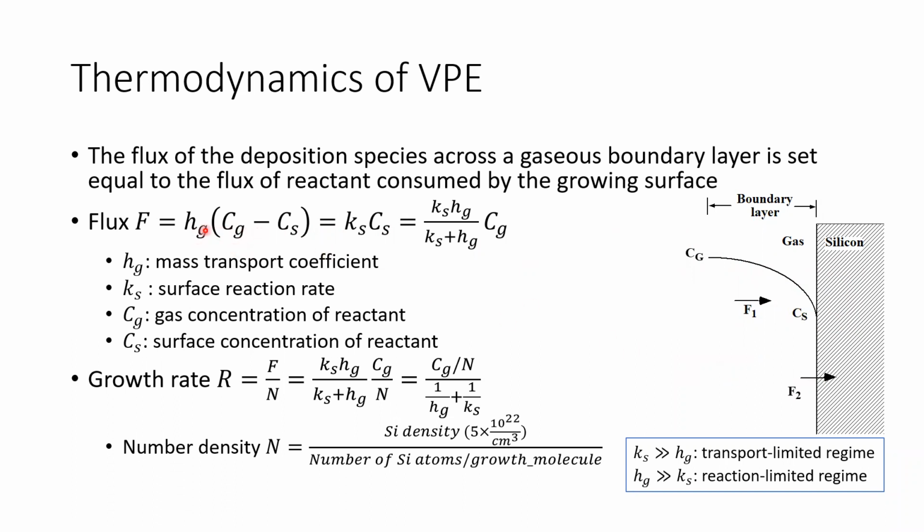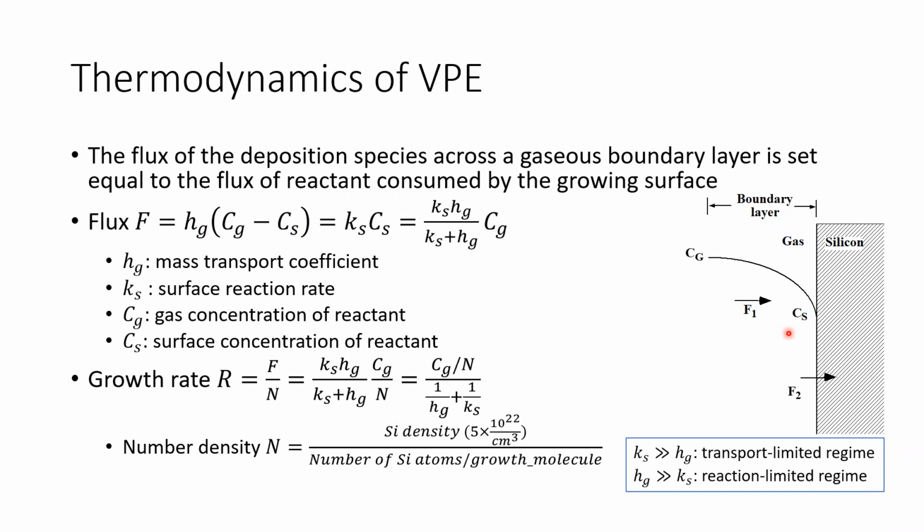F1 equals Hg times (Cg minus Cs). This is exactly the same as thermal oxidation analysis. Hg is the mass transport coefficient, Cg is the gas concentration of reactant, and Cs is the surface concentration of reactant.